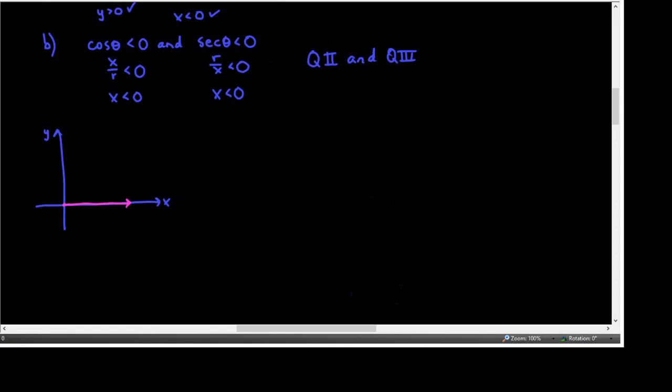If theta is really close to 0, it's a really small angle. If we were to draw our triangle, this would be x, this would be y, and this would be r. And let's think about sine of theta. That's what I'm wanting to focus on right now.